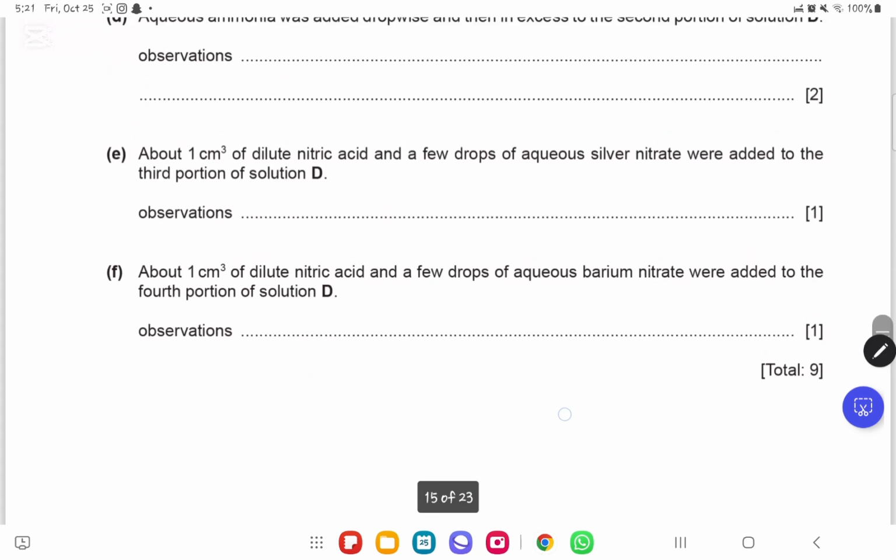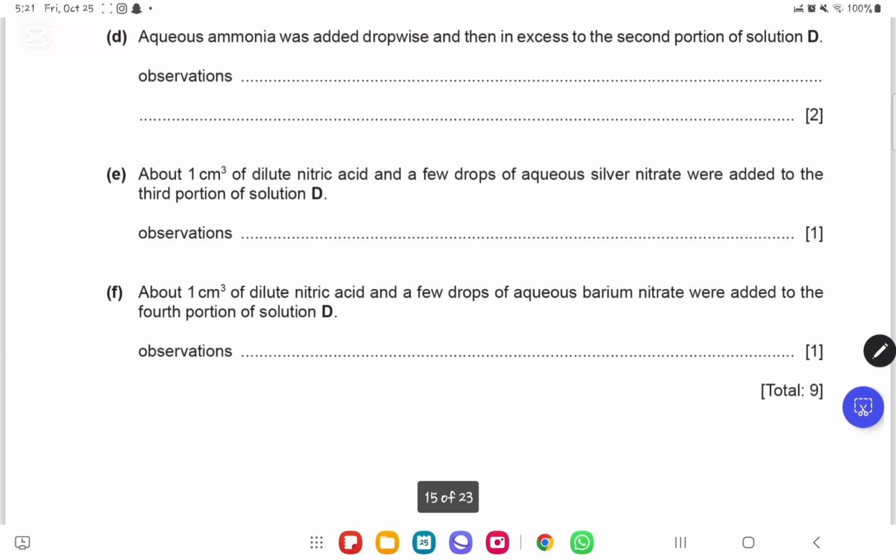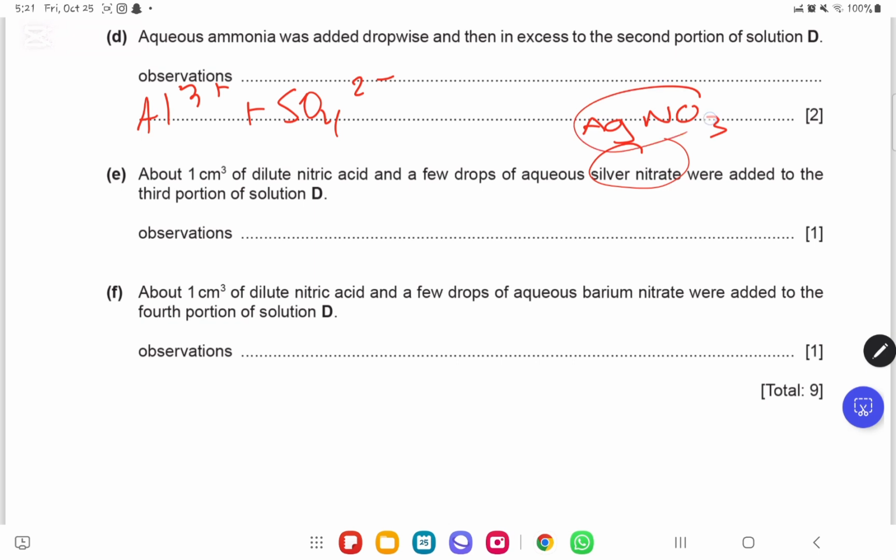Then part E. They added silver nitrate, which is AgNO3. We know that it is Al3+ ion plus SO4 2- with AgNO3. Ag is Ag+ and then NO3-. So these are the ions of AgNO3.